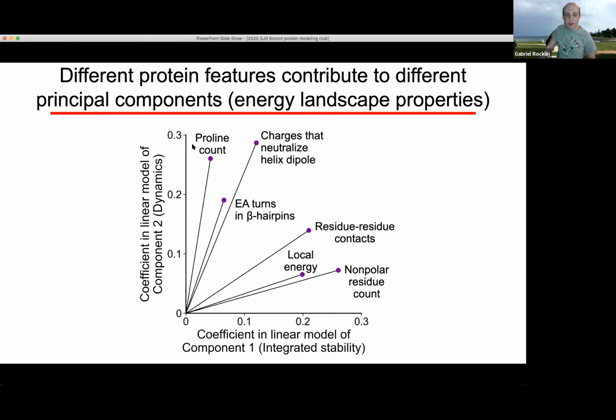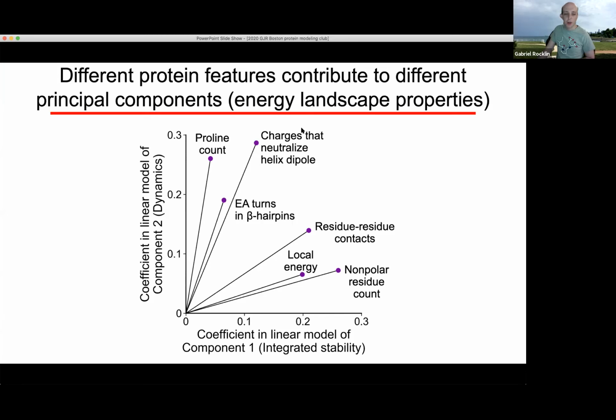And a different feature like proline count has a really high coefficient in the linear model of principal component 2. So it affects cooperativity by a lot, but it has a pretty small coefficient in the model of principal component 1. So these different aspects of the proteins are influencing their energy landscapes in different ways.